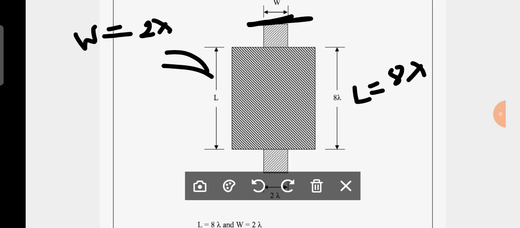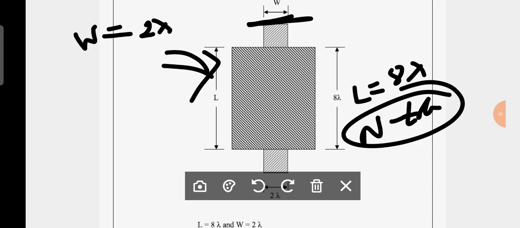If this type of transistor is given, then how to find out the resistance? Let us assume it is an N transistor itself for a while. Then how to find out the value of Z, anybody? First of all write the formula: R is equal to Z into RS. If it is an N transistor channel, RS is equal to what?